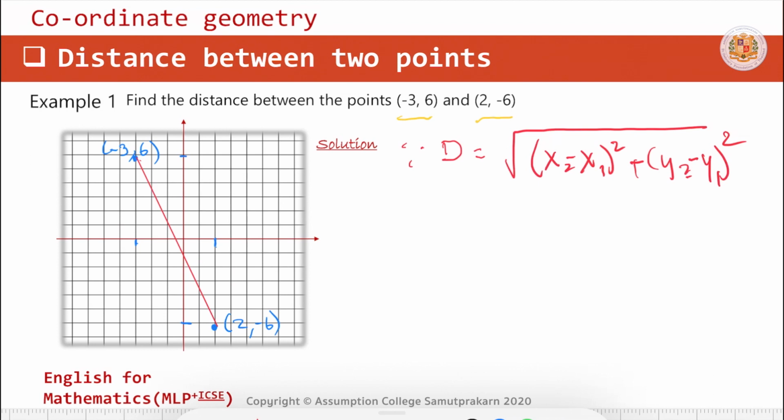Therefore the distance between these 2 points is equal to the square root of, okay, x1, y1, x2, y2, where is x2 minus x1?